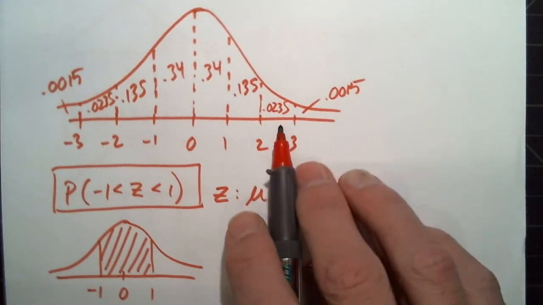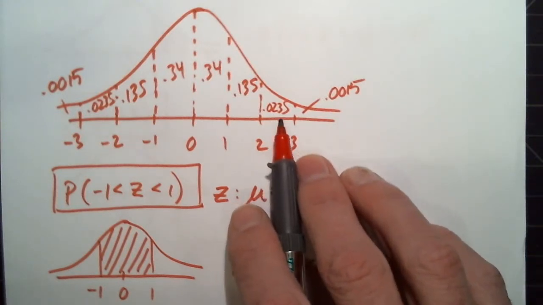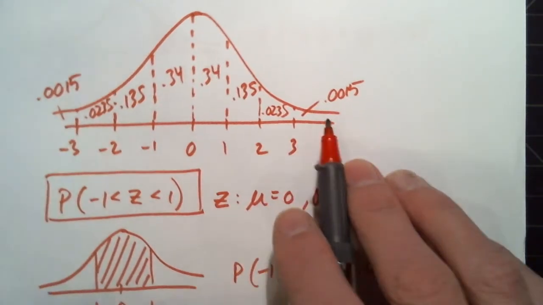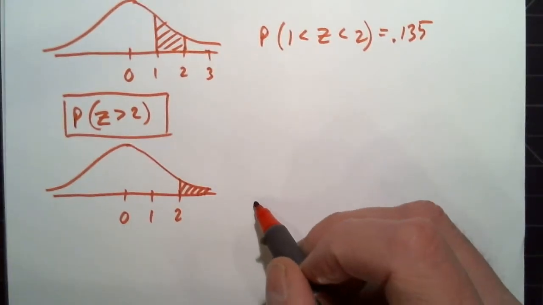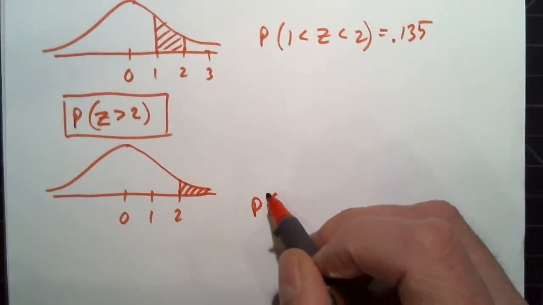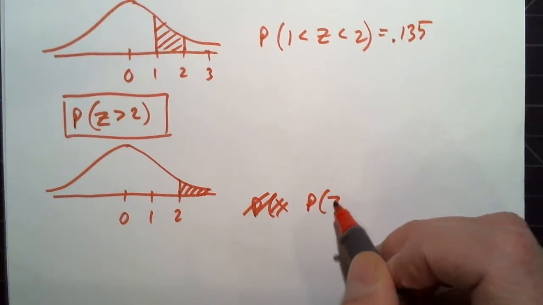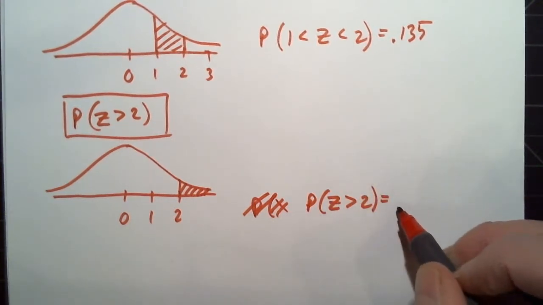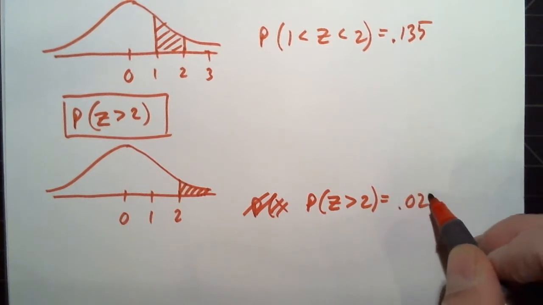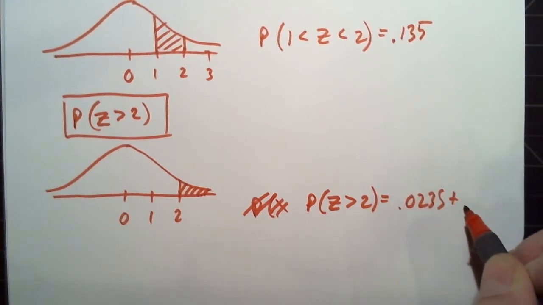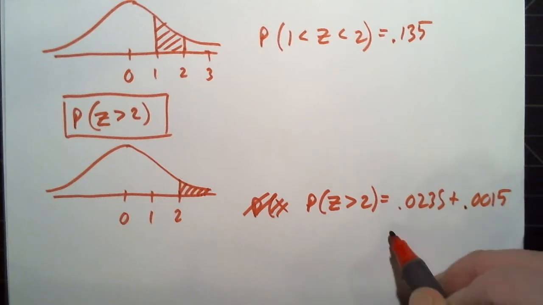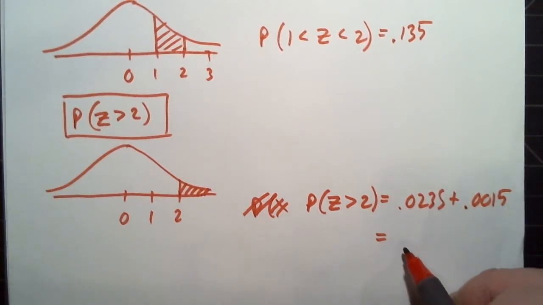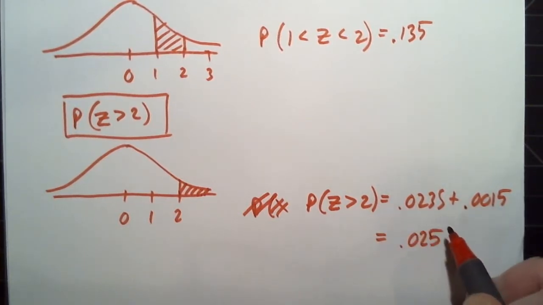It's greater than 2, so it's going to be this plus that. The probability that z is greater than 2 is going to be 0.0235 plus 0.0015, and we get 0.025.